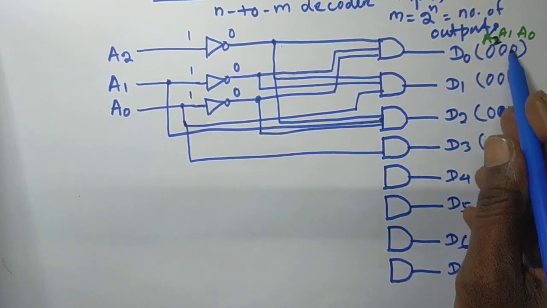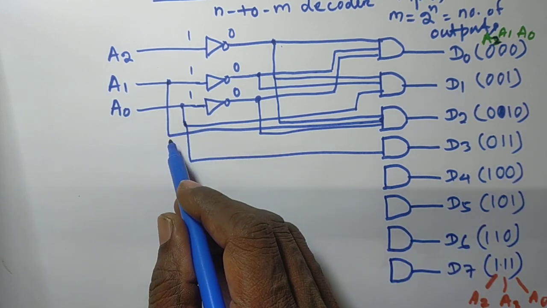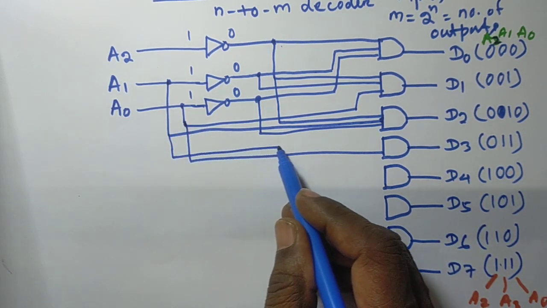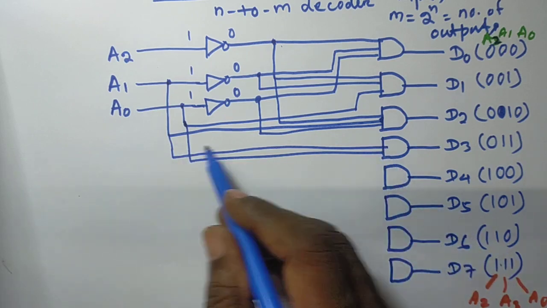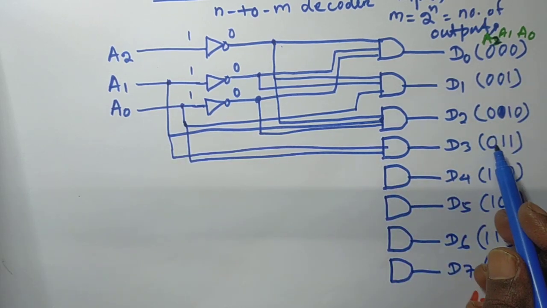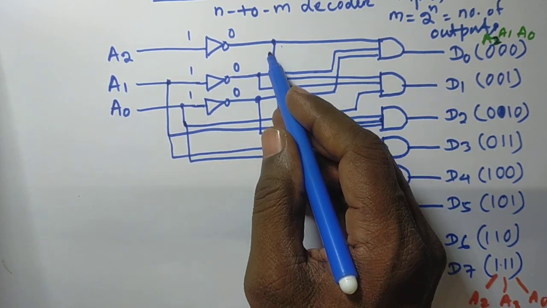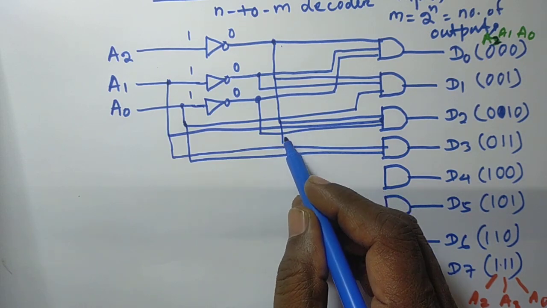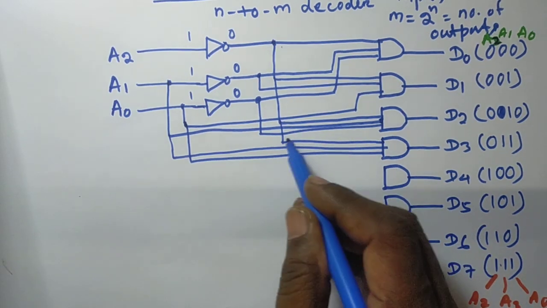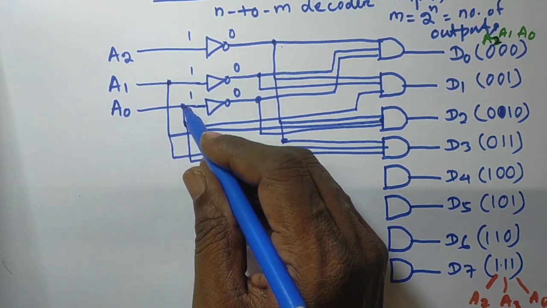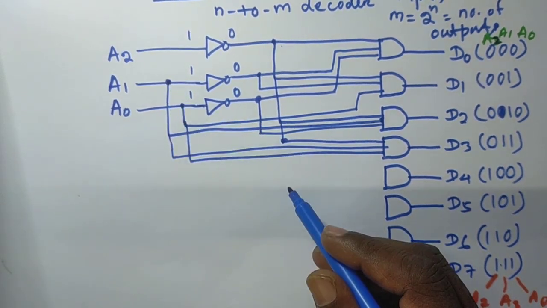Next, A1 is 1 again. Next, A2 is 0, so A2 will come with a 0 like this.